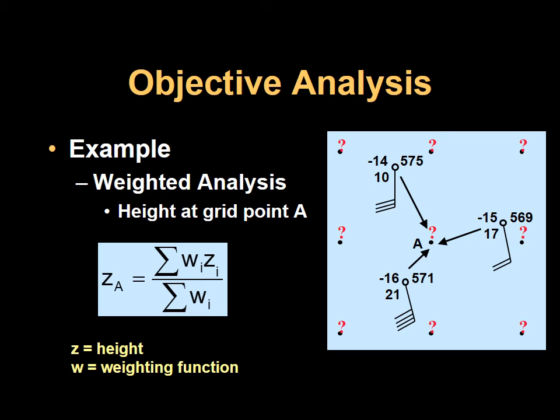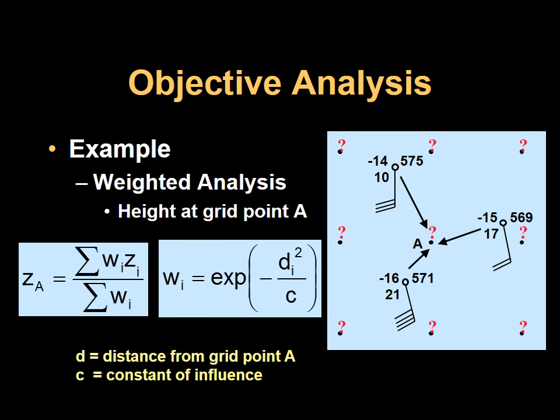And then the ones that are farther have least importance, but still they would have some influence on the value that we estimate for point A. And then there are ways of weighting the distance. You can use exponents, you can use quadratics or other things.